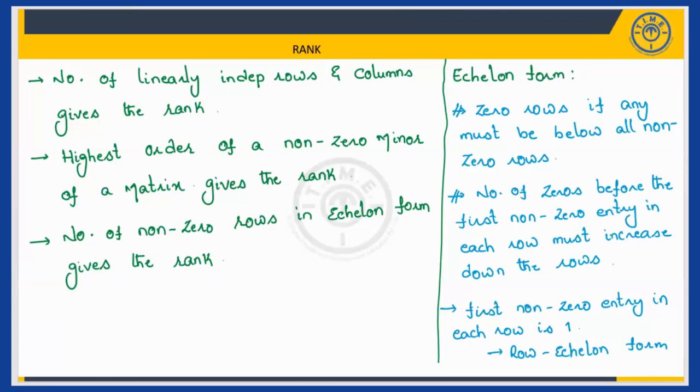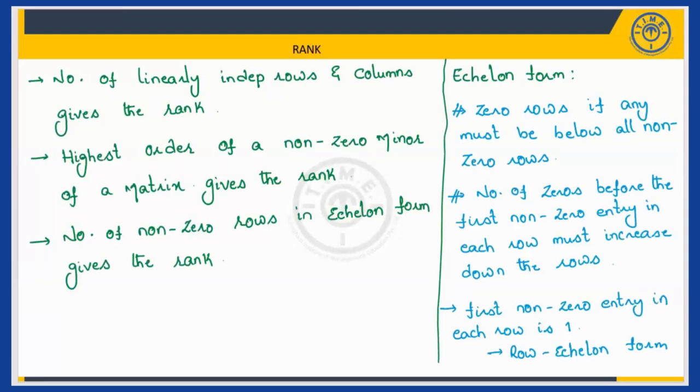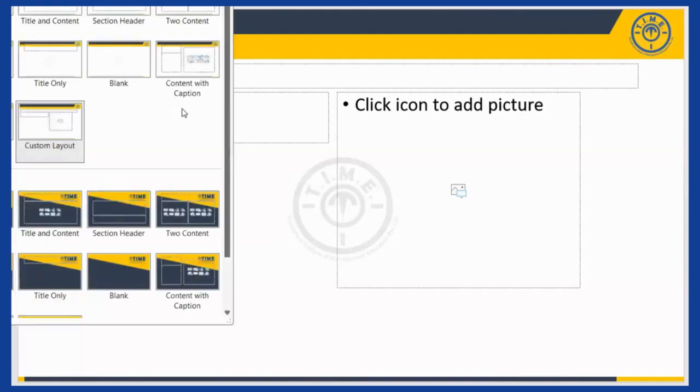Now, if we look into the properties of the rank of a matrix, the first property is that the rank of a matrix is always greater than or equal to 1.